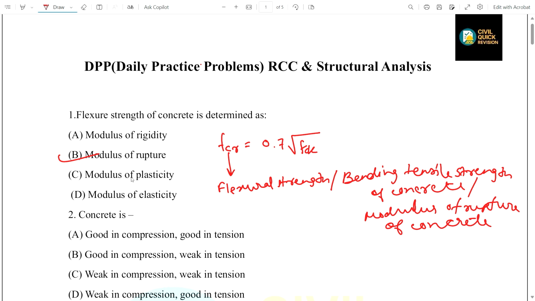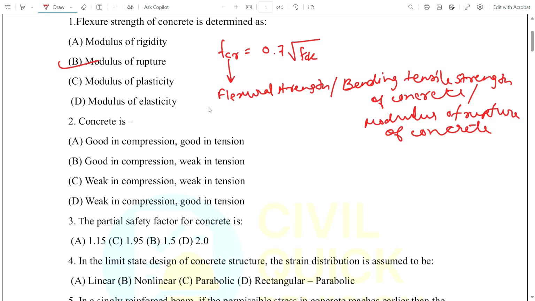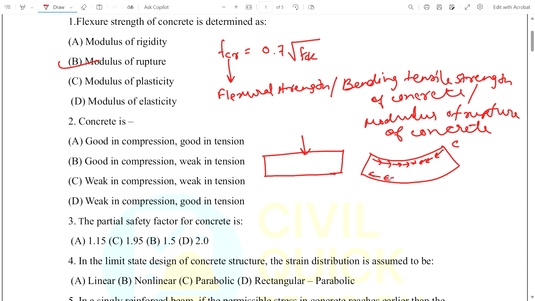Now coming to question number 2. What is concrete? Is concrete good in tension, good in compression, or what? As we all know, if we apply load on a beam like this, the beam will bend like this. In this upper portion, the materials will compress, and in the lower bottom portion, the material is giving stress in this direction.